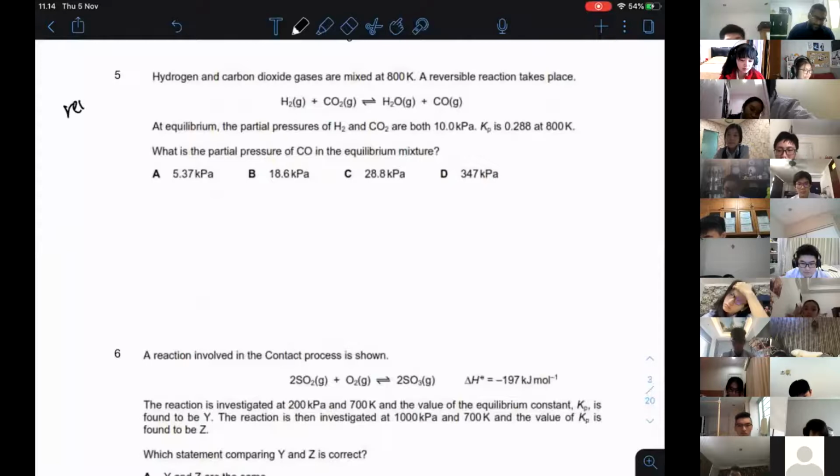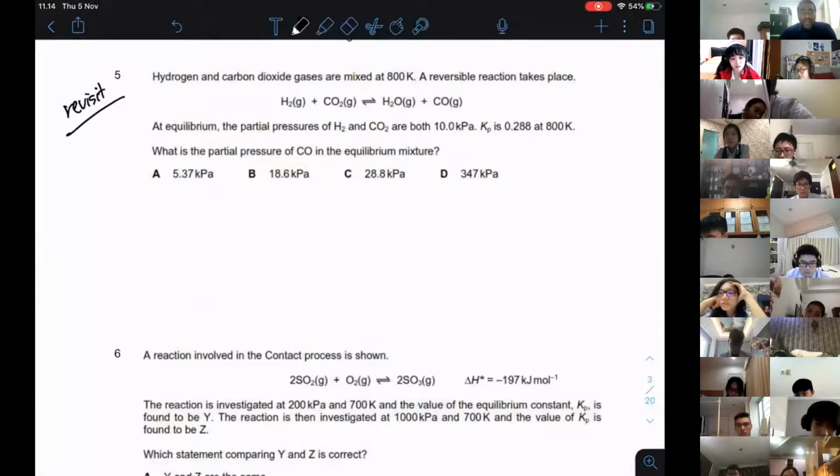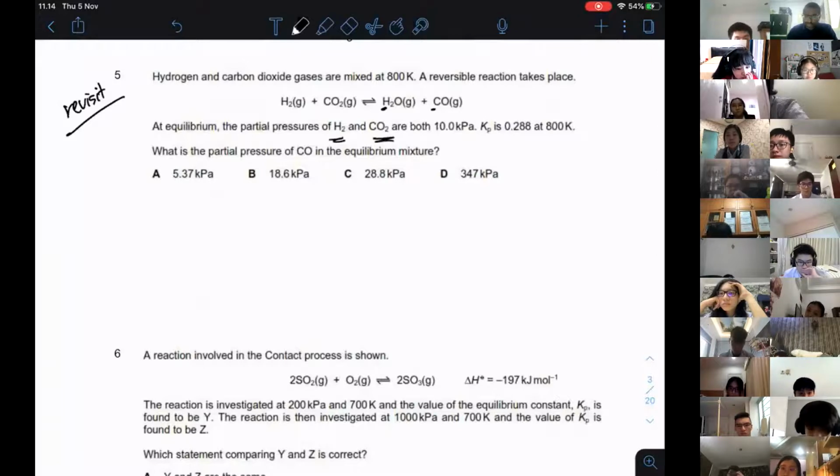Remember, there is one question I told you we will revisit. Now, you see hydrogen and carbon dioxide, they give you water and CO, 1 mole and 1 mole. At equilibrium, the partial pressures of H2 and CO2 are given. Kp is given.